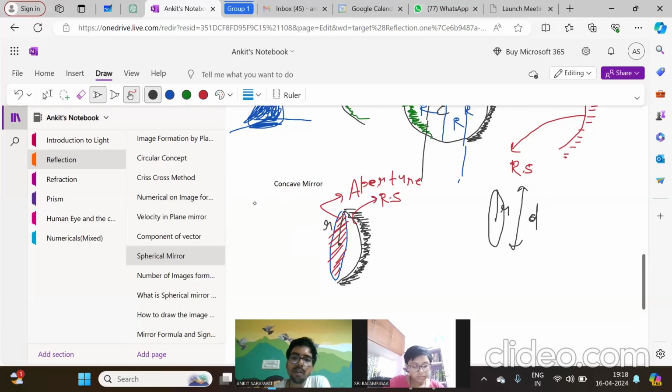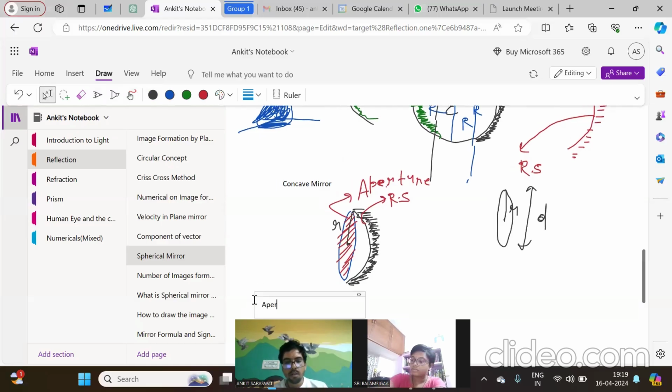Now what is the function of this aperture? Aperture controls how much light will enter or strike the reflecting surface. So you can write: aperture decides how much light enters the mirror or strikes the reflecting surface.